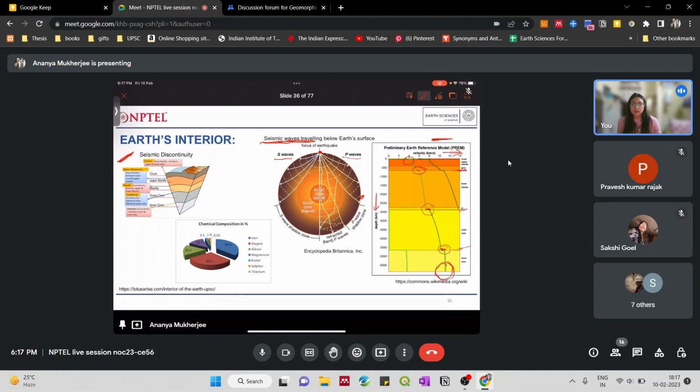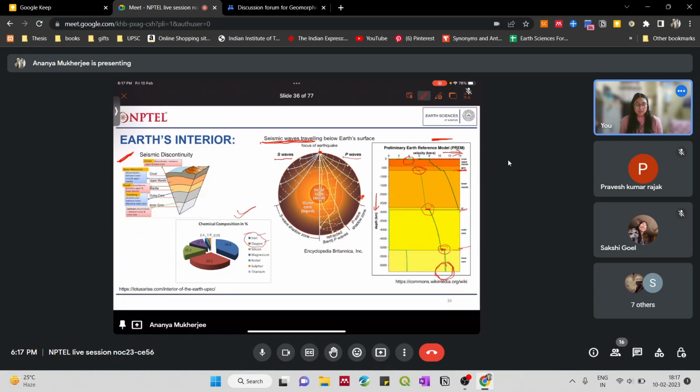And this chemical composition chart shows us that for the Earth as a whole, the maximum amount is given by iron and oxygen. Why iron and oxygen?